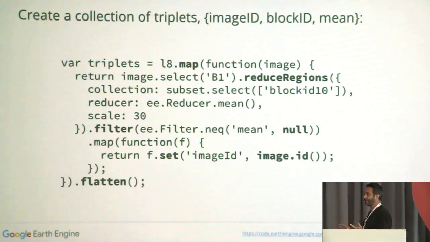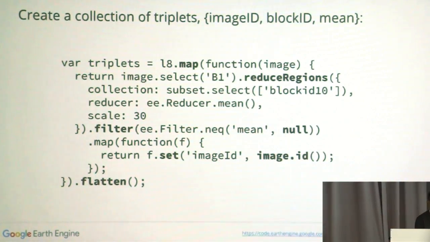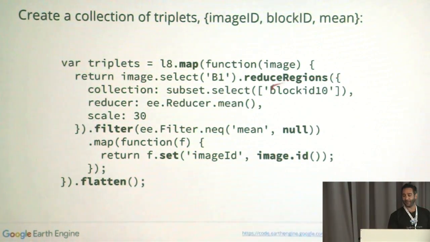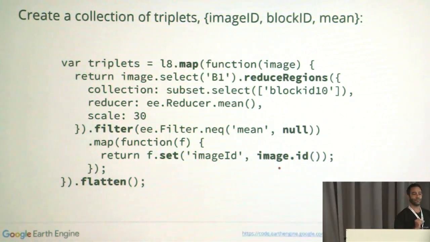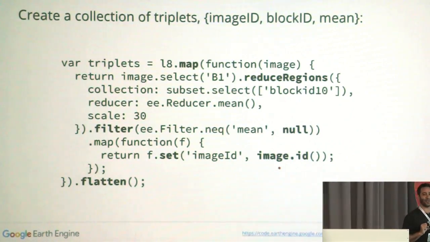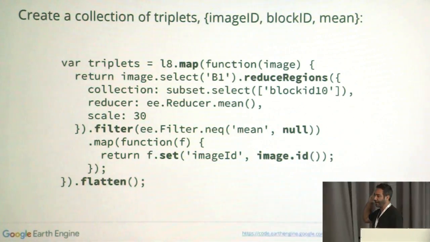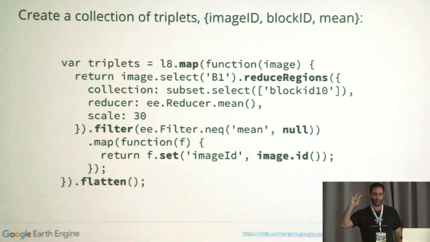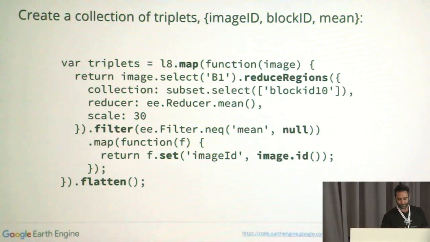So at the end of this, each region should have its block ID, so the ID of the region. It should have the output of the reducer, which is called mean, and it should have the ID of the image. So that's why we're calling this a triplet, because you've got those three identifiers: the image ID, the block ID, and the reducer output, which is the mean of the band 1 values inside each region.